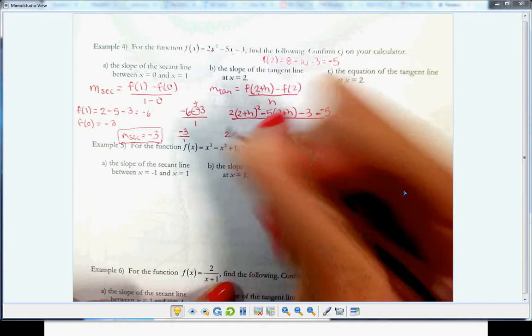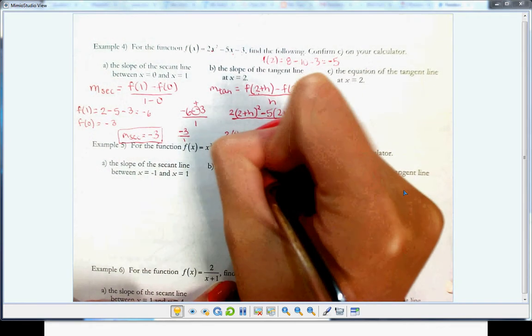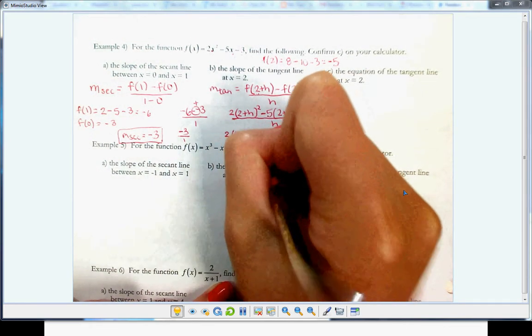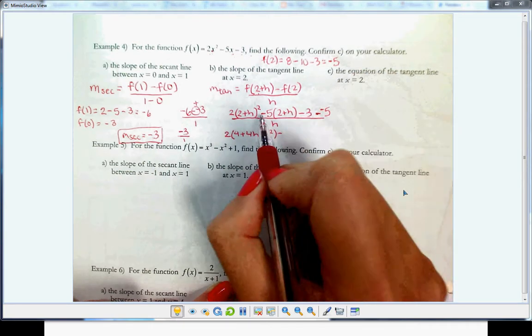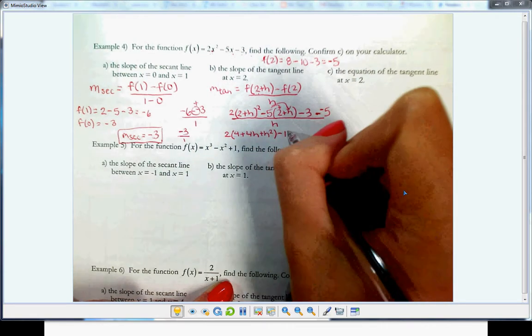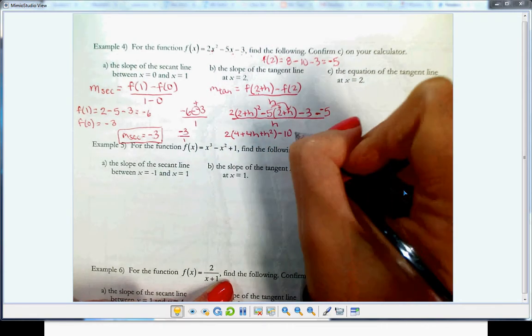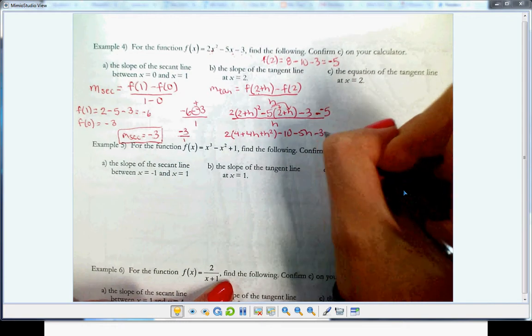So we're going to distribute out, so 2 plus h squared is 4 plus 4h plus h squared. Minus, I'm just going to distribute this out. So we have negative 5 times 2, minus 10, negative 5 times h, minus 5h, and this is minus 3 plus 5.